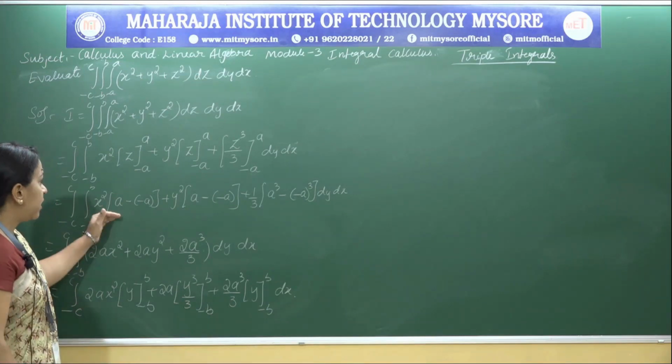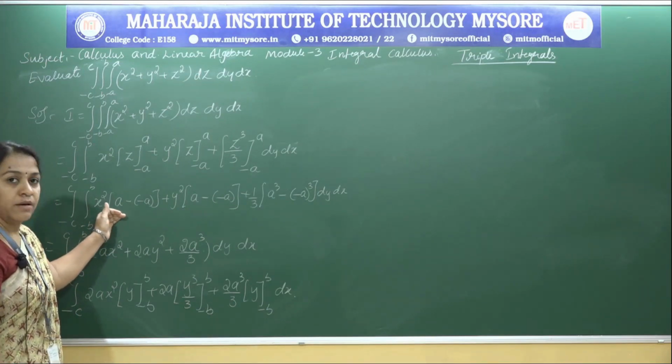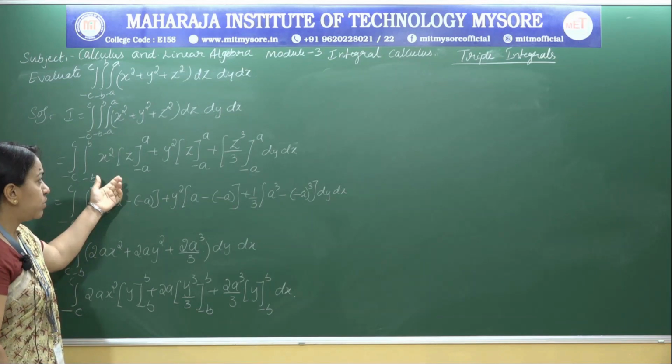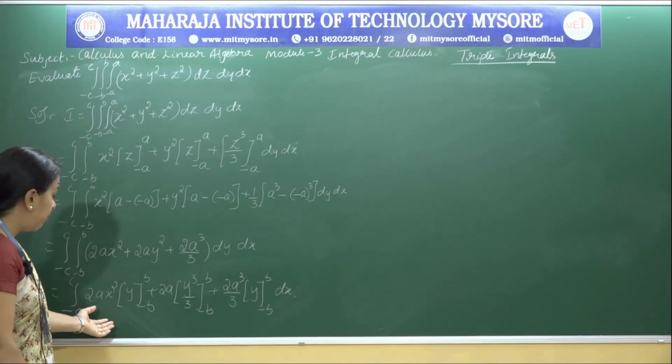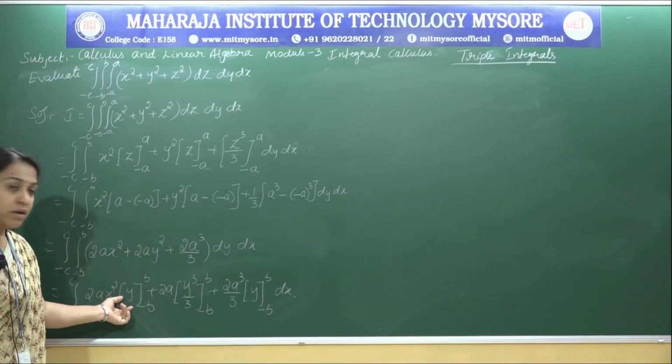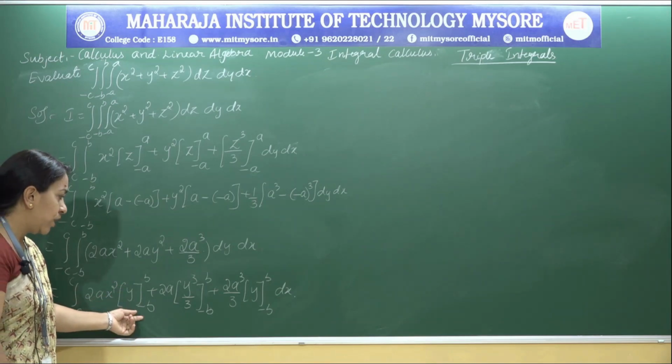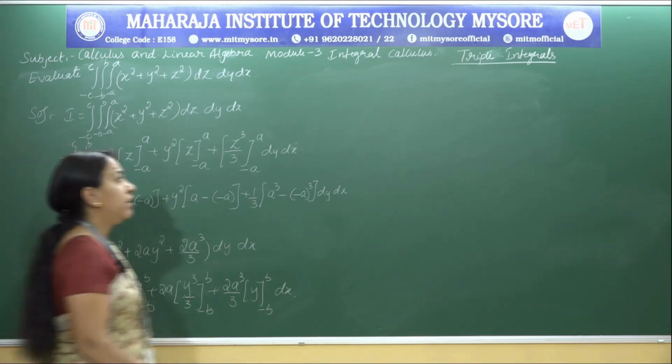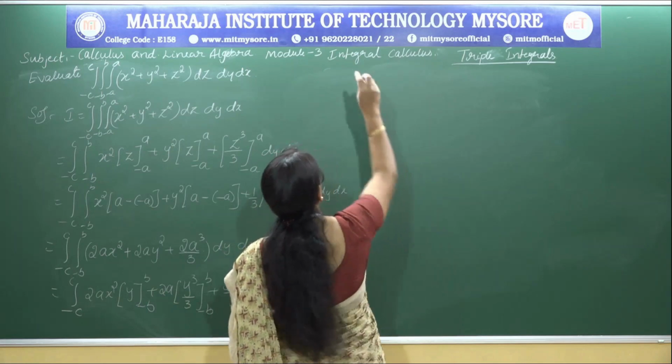Now as we solved in z, once we integrate with respect to z, we apply the limit in the same way, apply the upper limit and lower limit, and simplify, then integrate with respect to x.